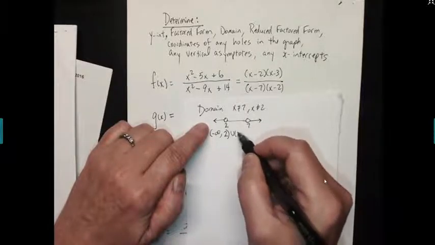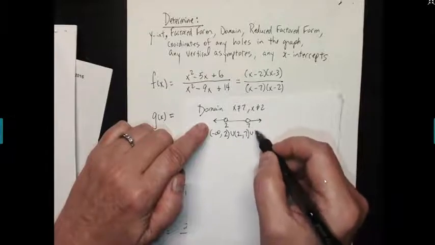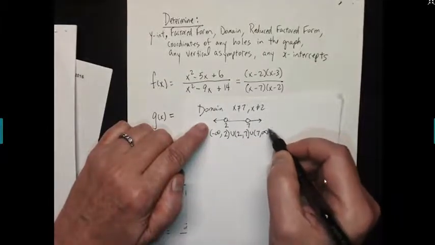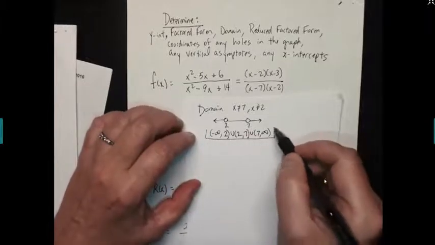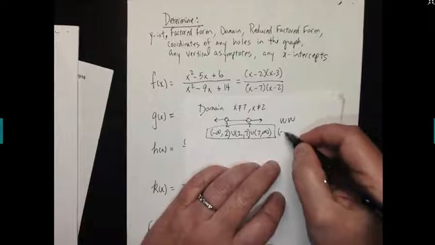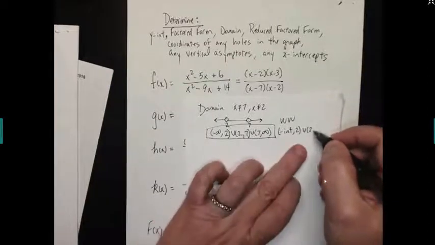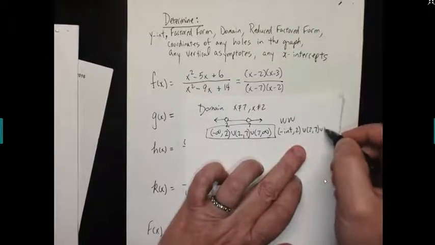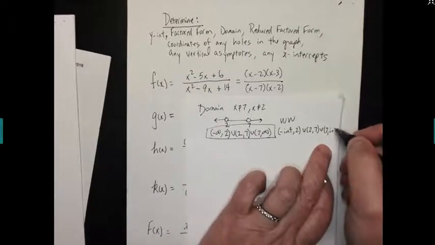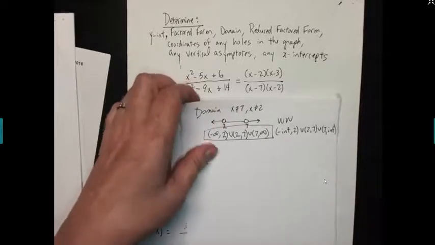You've got to jump over 2, then everything between 2 and 7, then you've got to jump over 7. So this is how you would write it in interval form. In WebWork, you'd have to use INF for infinity.